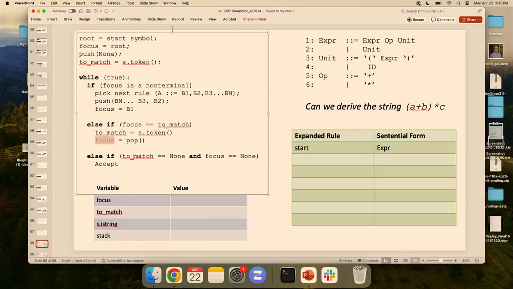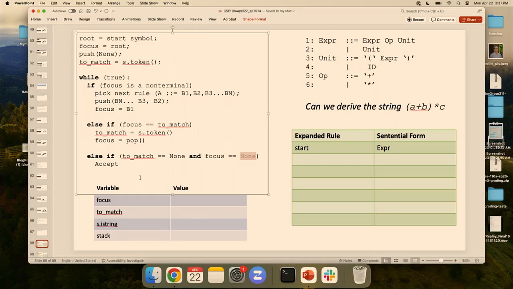And finally, if we're done with the string, if to match, which comes from our lexer, is none, so there's nothing left in the string to lex, and we don't have anything to focus on, which means our stack was empty, then we can accept that string.